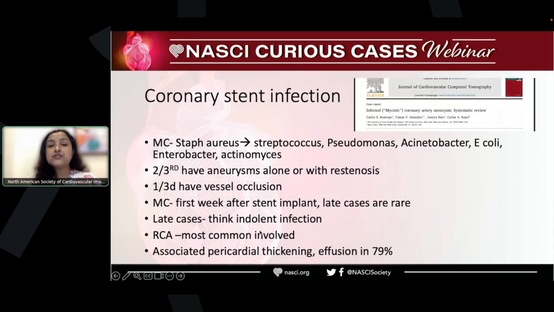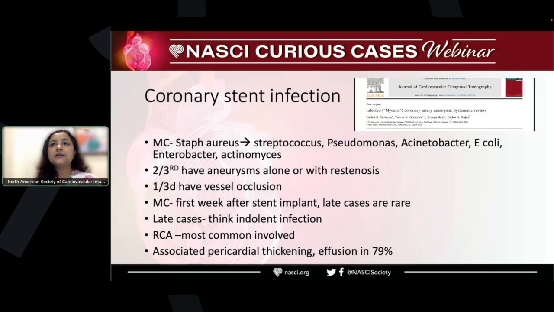The most common organism for a persistent infection is Staph aureus. Sometimes Streptococcus, Pseudomonas, Acinetobacter are also seen, and not necessarily is the infection due to implantation during the procedure or unsterile conditions during the procedure.